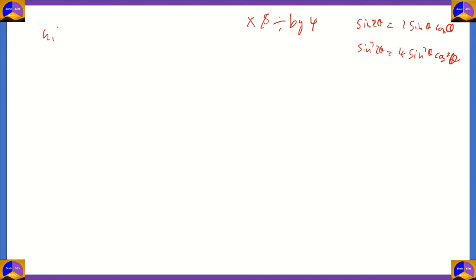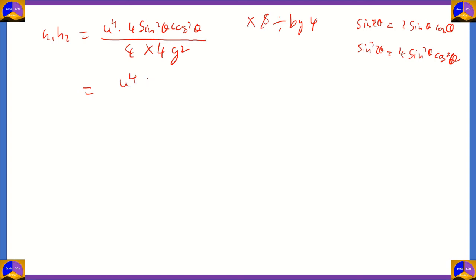So therefore h1 h2 will be equal to u raised to 4 times 4 sine square theta cos square theta divided by 4 times 4g square. So therefore it'll be u raised to 4 sine square 2 theta divided by 16g square.